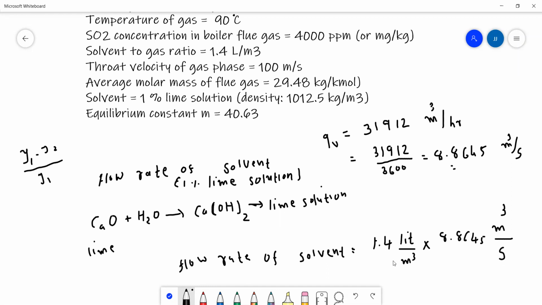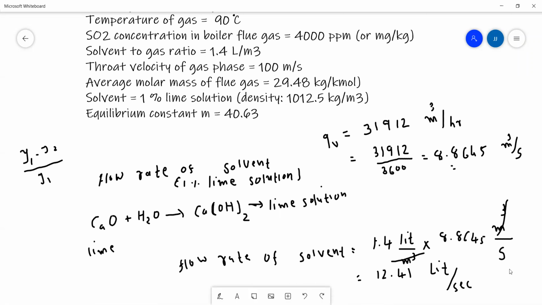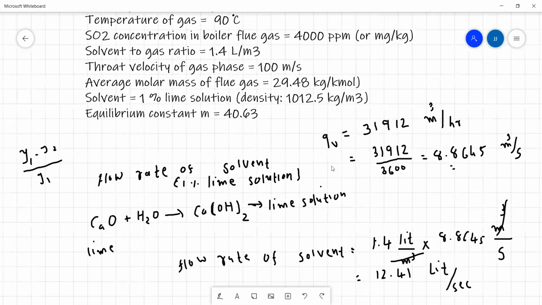So the meter cube will get cancelled out, and we will get liter per second. If you multiply this, you will get 12.41 liter per second.